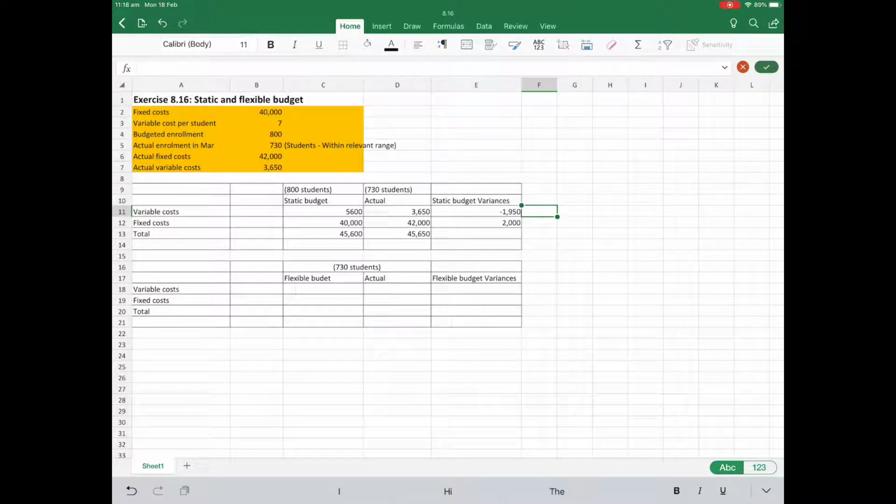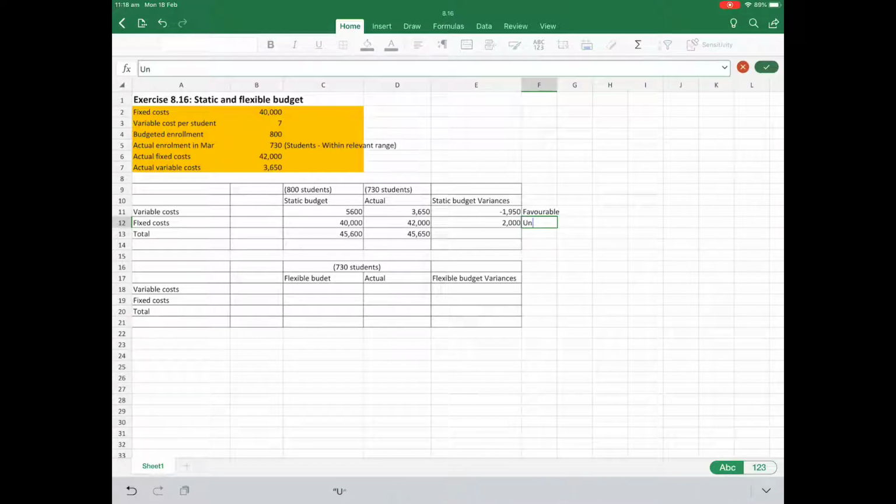In this case, this variance we call favorable. Here, the static budget for fixed cost is 40,000 and the actual fixed cost is 42,000. We spend more than we intended to spend, so that is unfavorable.